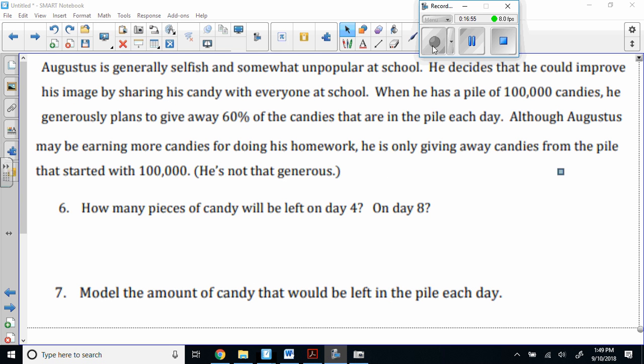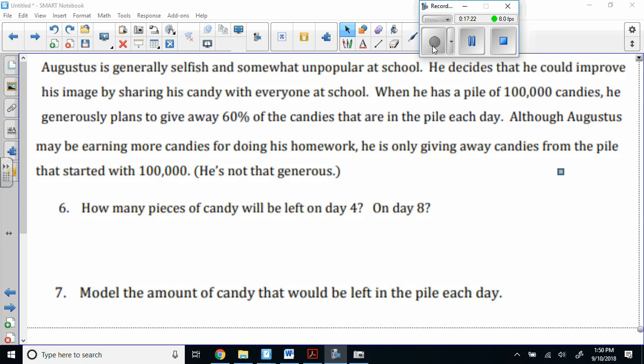On this problem, he's given away 60% of his candies. How much percent is still there? 40. Ladies and gentlemen, that is your base. Your base is 40, 0.4. Your rate is 0.4. Why? That's right. 40% of that will always be there, right? 60% of it's gone.